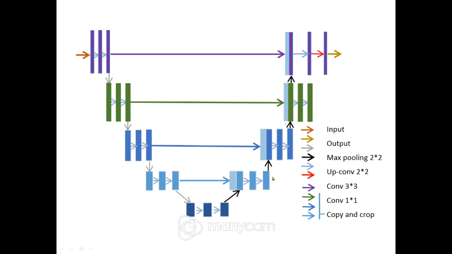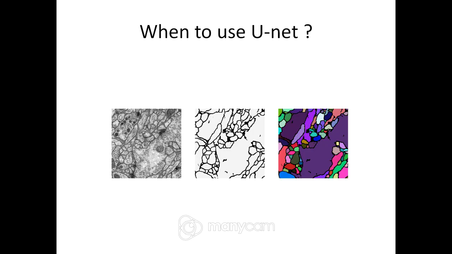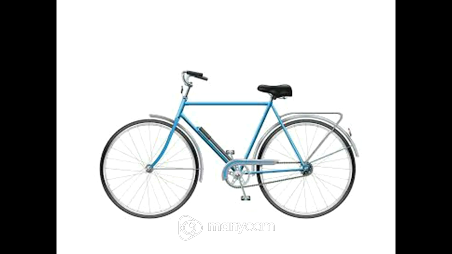In order to do that, let me remind you again that we use UNet whenever we want to retain the spatial details of the image and be able to see both the big picture and the very fine details, and everything in between. So let's have an example.